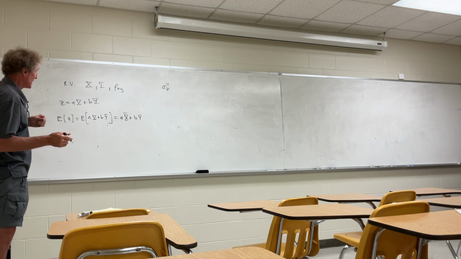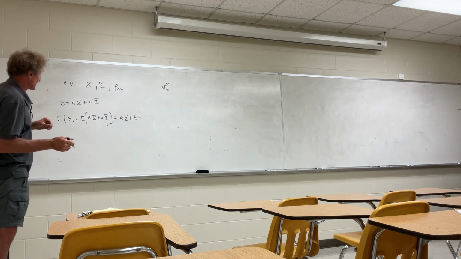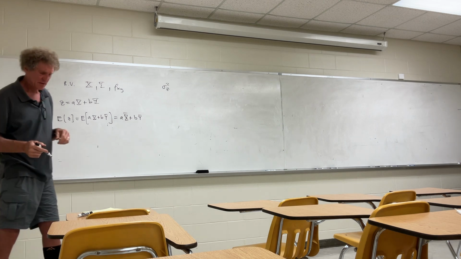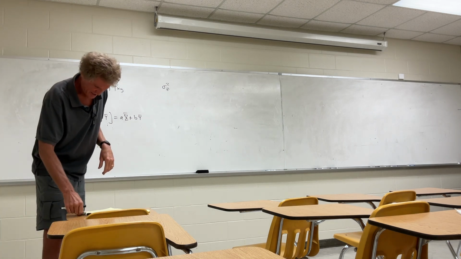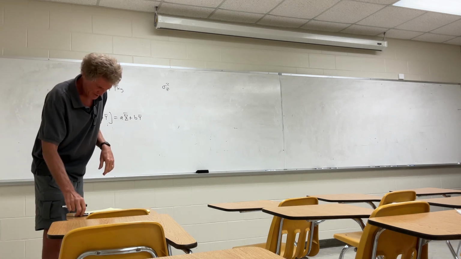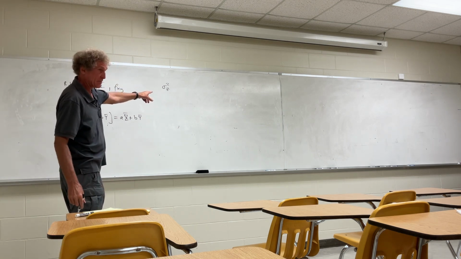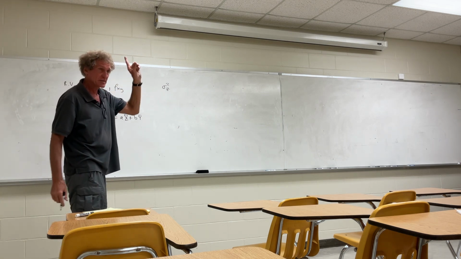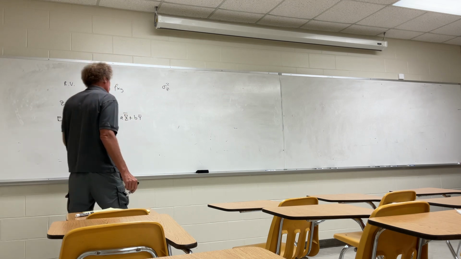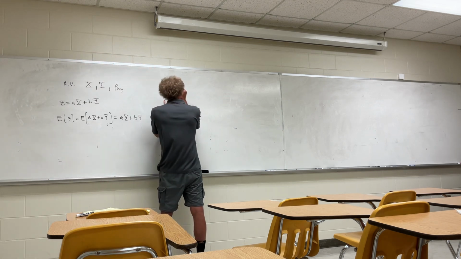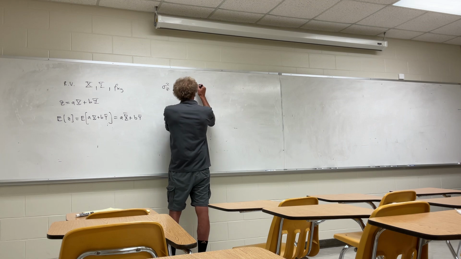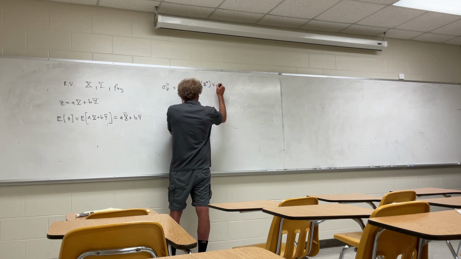I didn't put the density function, but we can get that. That's the expected value of x and y. Now, to get this, we're going to have to get the expected value of z squared. This is something to pay attention to. So what is the expected value of z squared?